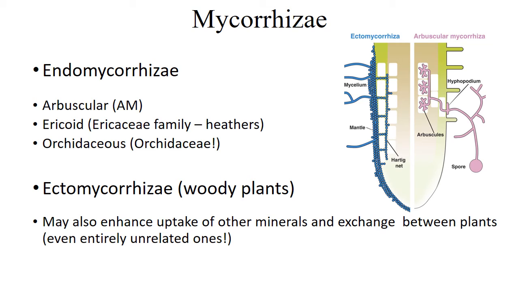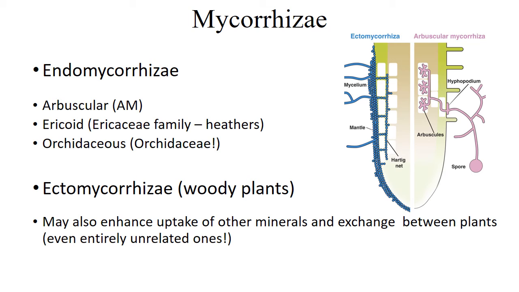Endomycorrhizae are grouped into three different types, so arbuscular mycorrhizae, sometimes known as vesicular arbuscular mycorrhizae, and they branch into root tip cells and form these clusters of fungal hyphae called arbuscles. Then you have ericoid endomycorrhizae that occur in the Ericaceae, so things like heathers and blueberries, and then orchidaceous endomycorrhizae that occur in the orchids.